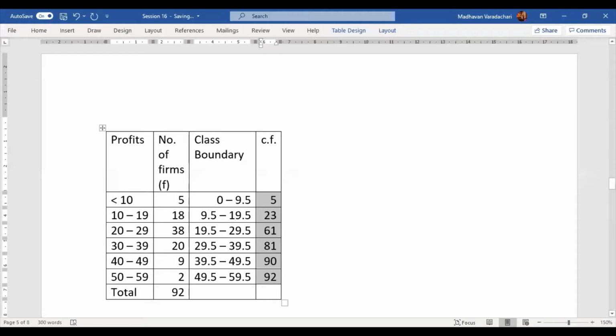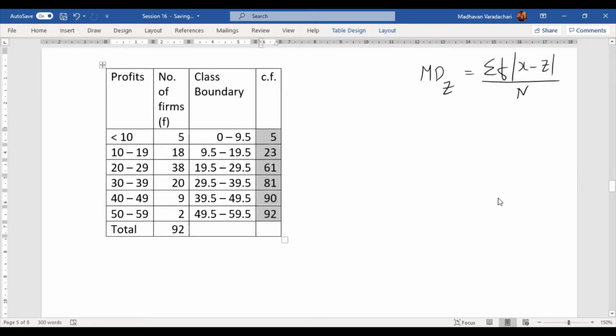We will use the same data now to find out mean deviation about mode. Mode is denoted by capital Z, which will be summation f times modulus of x minus mode divided by capital N. So first of all, we need to find out what is mode.